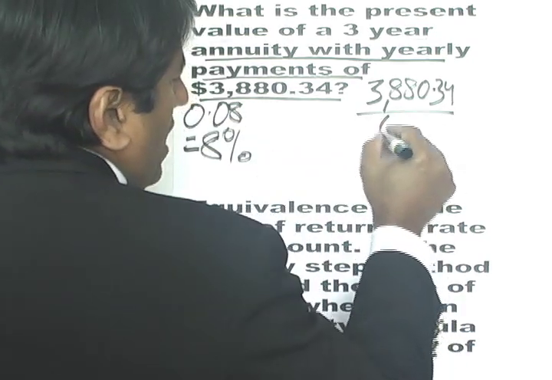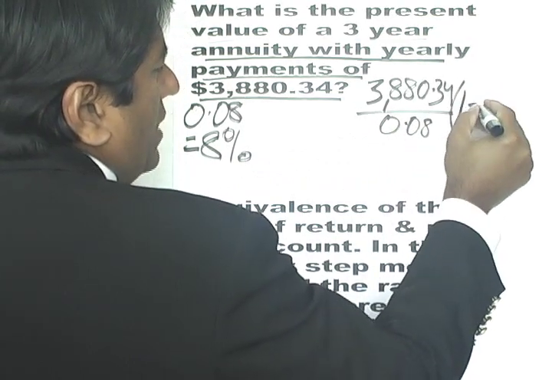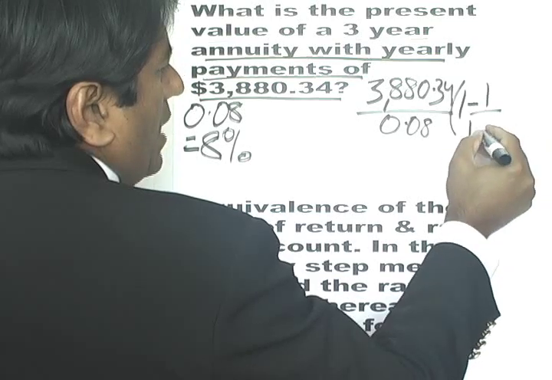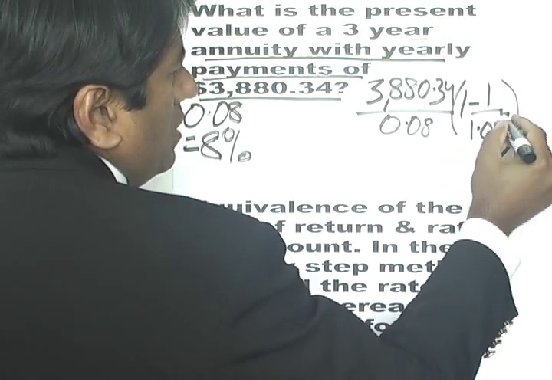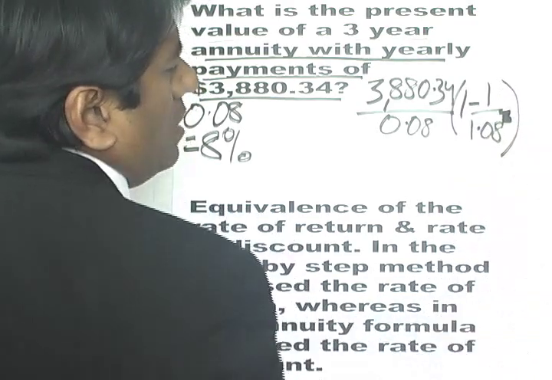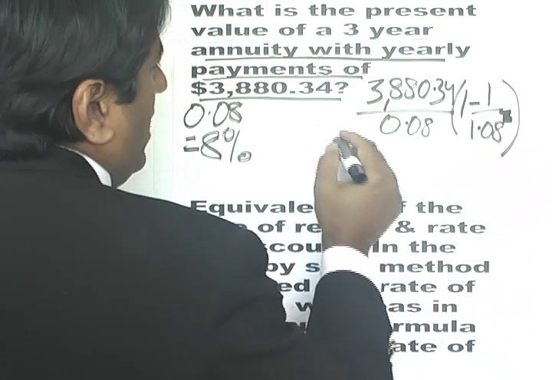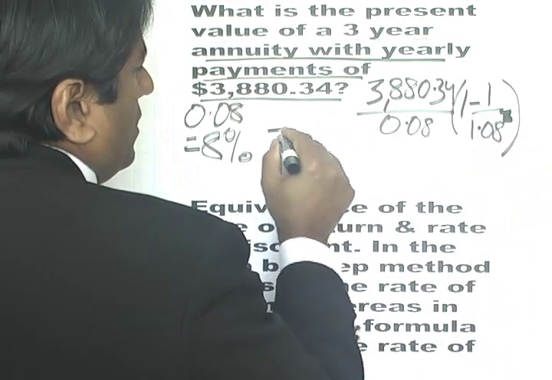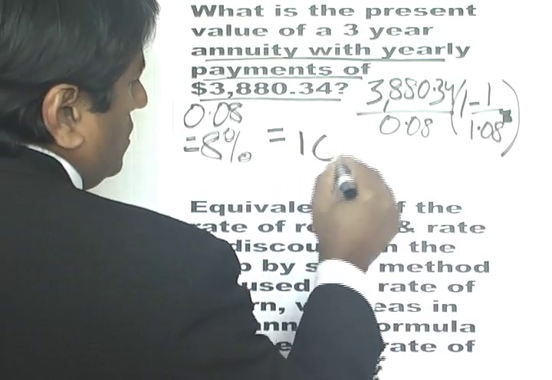So we'll divide this by 0.08 into 1 minus 1.08 to the power 3. So this is 1.08 to the power 3. And this, if you solve it, is going to give you 10,000.